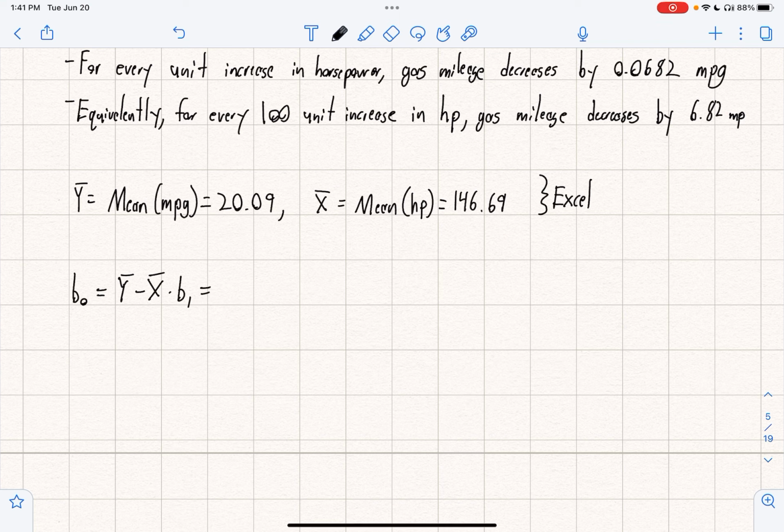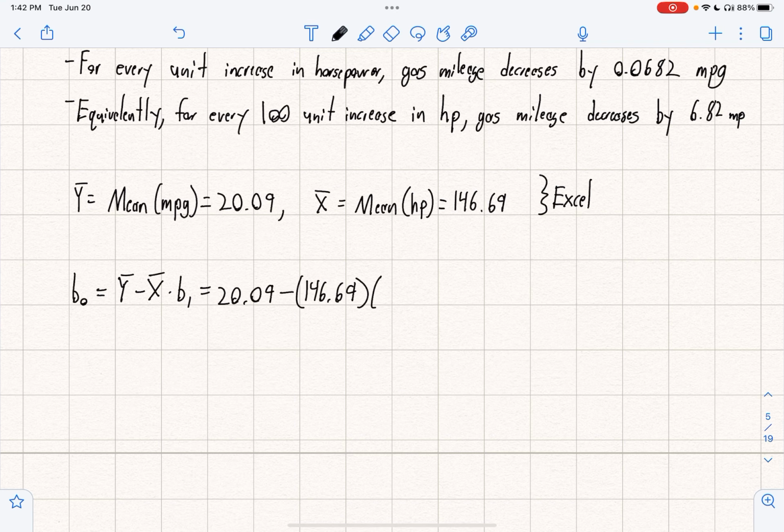Now we just plug these things in. Our Y bar, our mean of miles per gallon, is 20.09 minus, so X bar is 146.69, and then we're going to multiply this by our slope, B1.